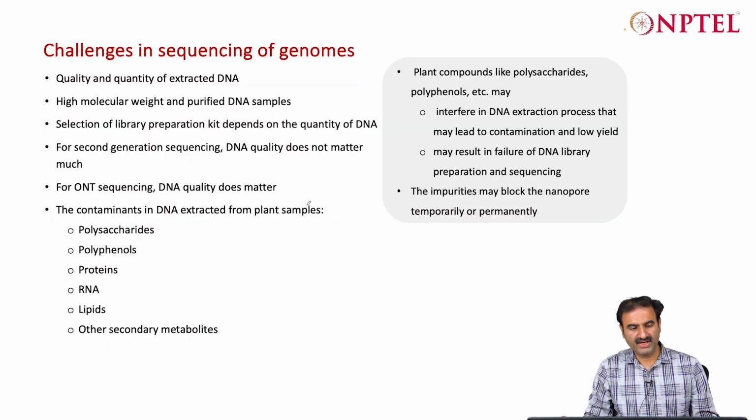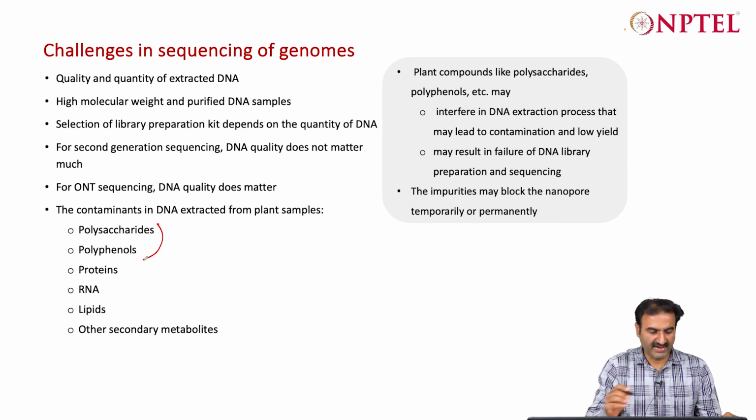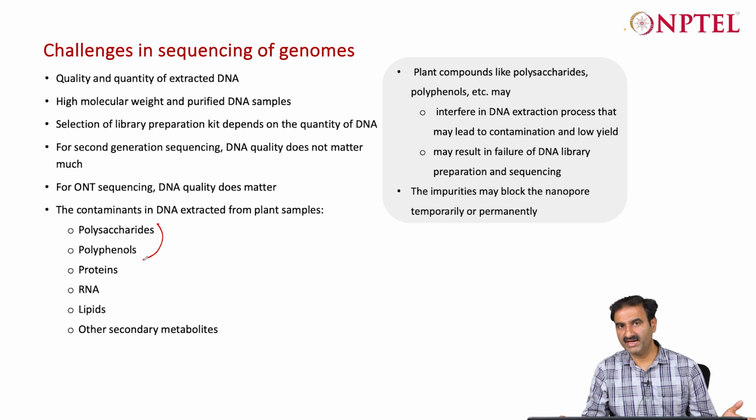Each genome will have its own complications and issues, and that is why, while you are planning for a species, you should know what challenges you may face. If it is an animal, then the tissue and the right amount of sequencing that you need. In the case of plants, contamination by polysaccharides, polyphenols, etc. may be an issue.